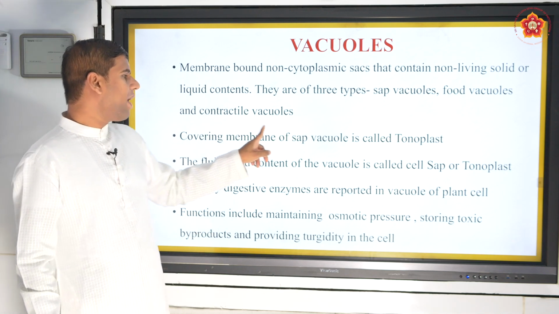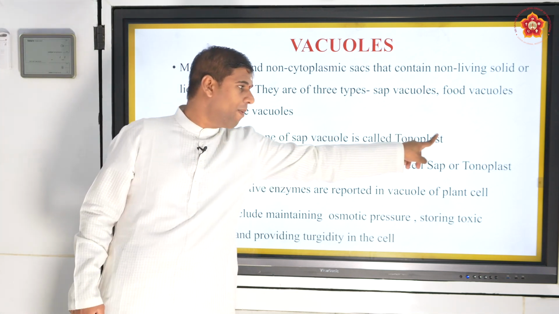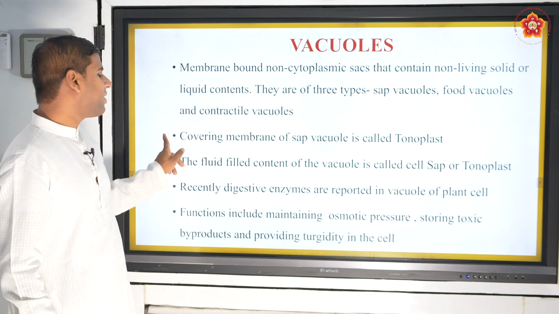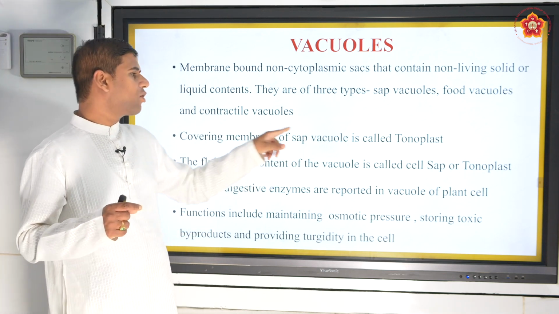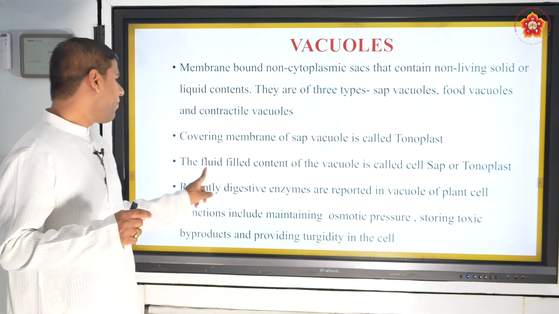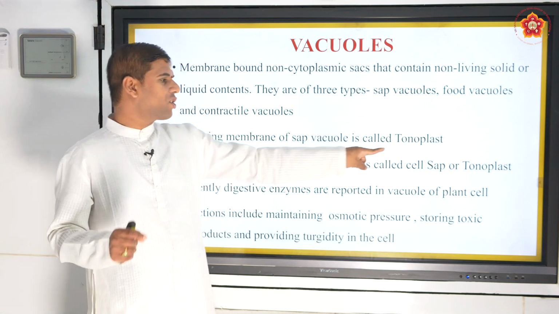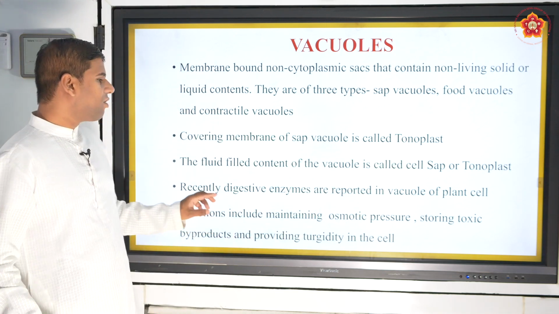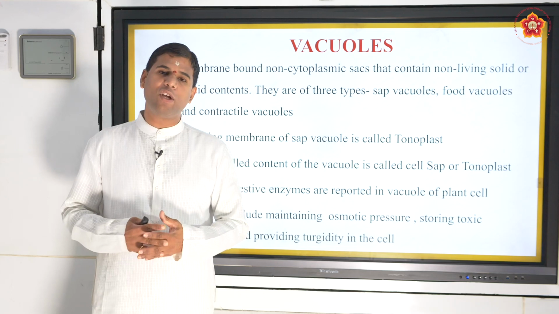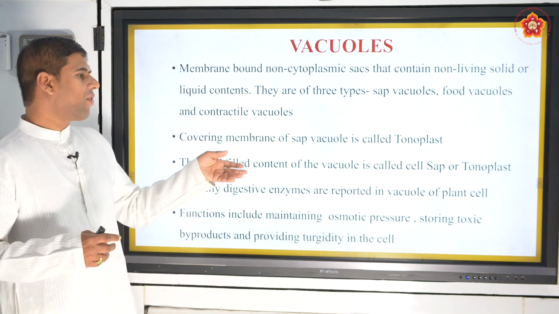The covering membrane of the sap vacuole is called the tonoplast. The fluid filled content of the vacuole is called sap. Recently, digestive enzymes are reported to be in the vacuoles of the plant cell.